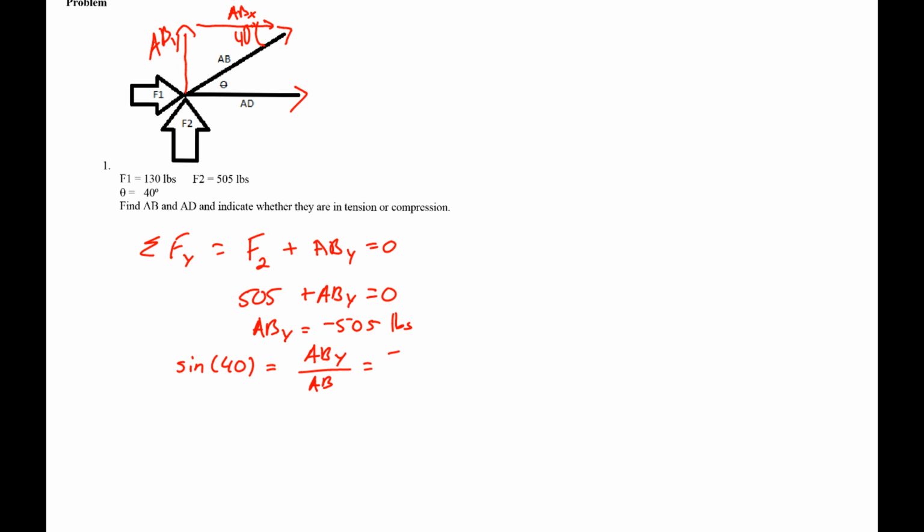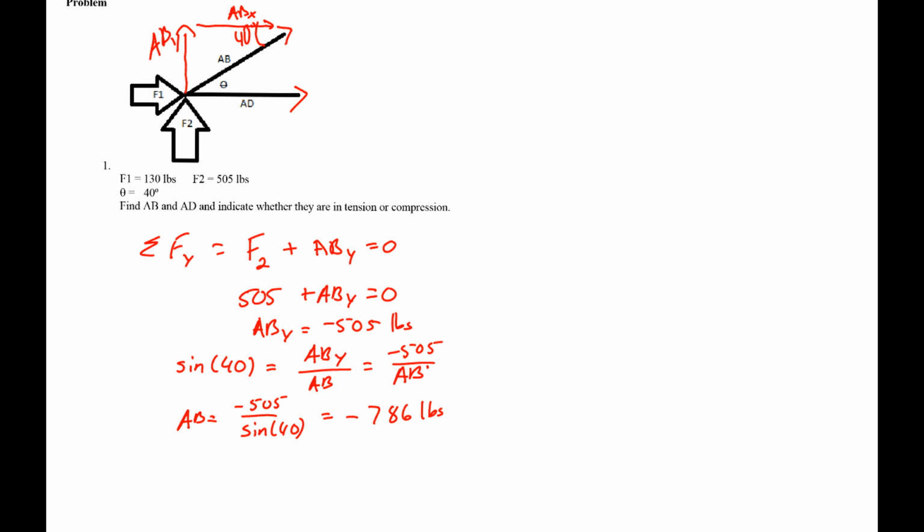That equals negative 505 divided by AB. And we get AB equals negative 505 divided by sine 40. And what does AB equal? Let's say 786 pounds. That's negative. So does that mean it's in tension or compression?